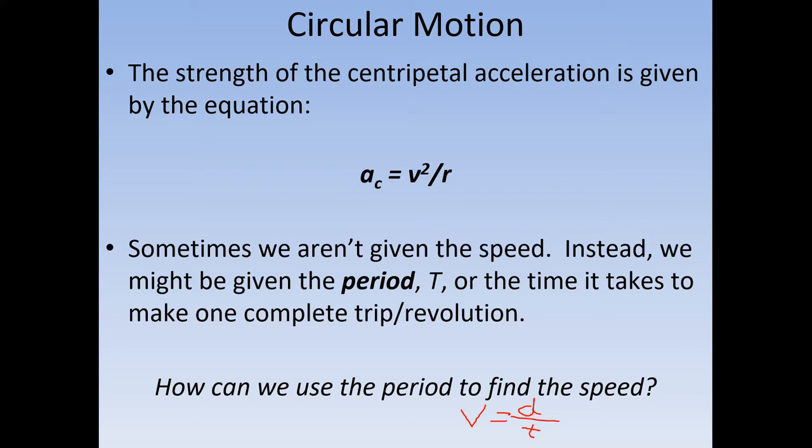If I think about the object moving in a circle, the object is moving along the outer edge of the circle. That distance, the length of the outer side of the circle, is the circumference. So what I can do is rework this equation. Instead of distance over time, it's circumference over time. And if I do that, then the time I can plug in as capital T.